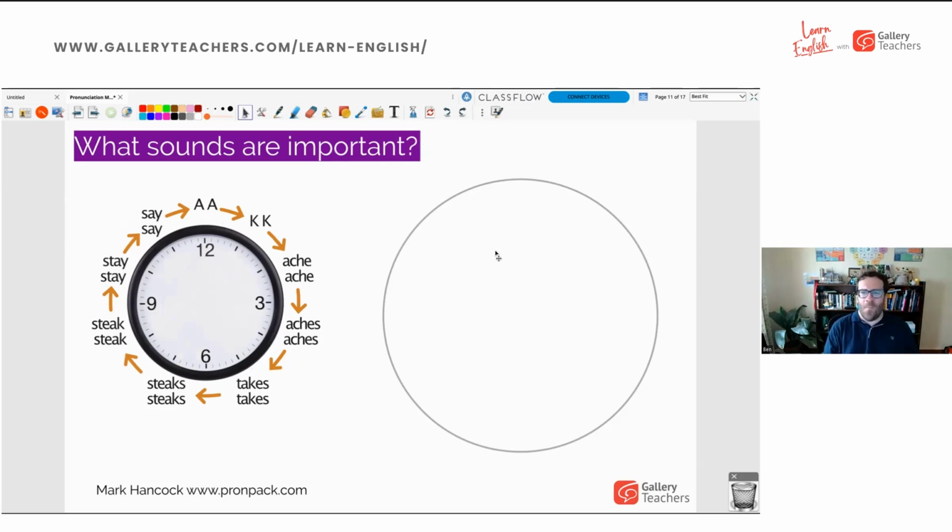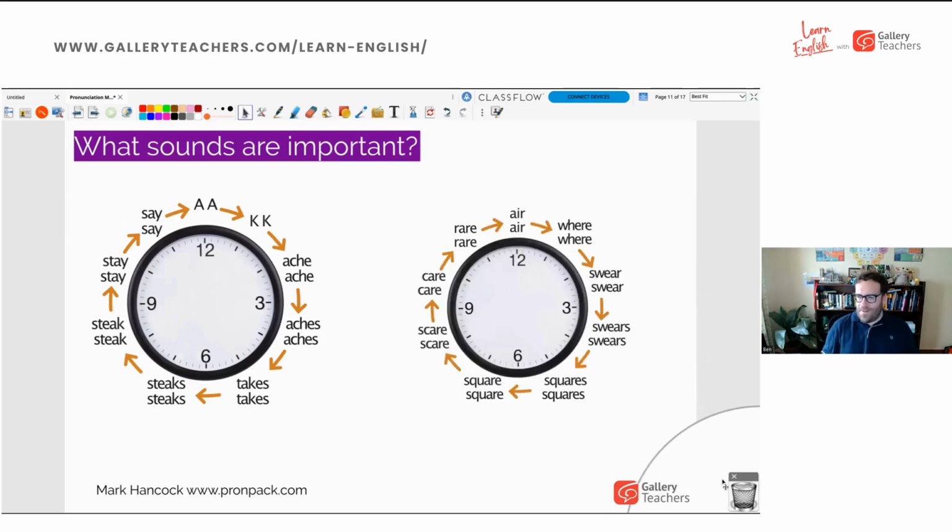Okay, let's do one more. Air. This is quite a hard vowel sound for some people. Air. Where. Swear, swears, squares, square, scare, care, rare, air.